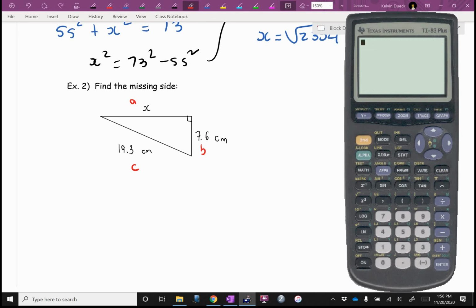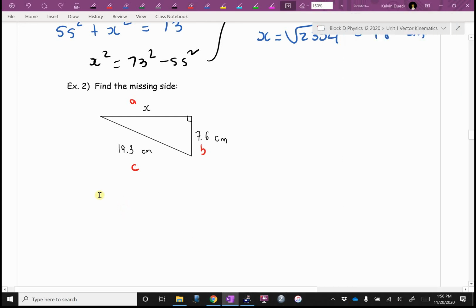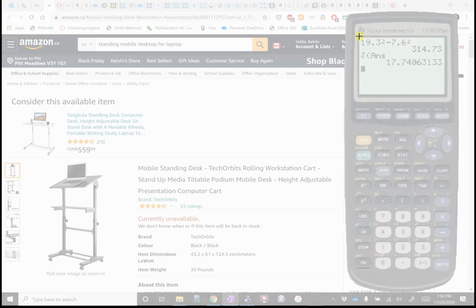But in my homework, 19.3 squared minus 7.6 squared equals, square root, answer button, equals. And I get 17.740. I would do that. Now, that's a little quick, I know, for some of you. Let me first of all paste that in here.